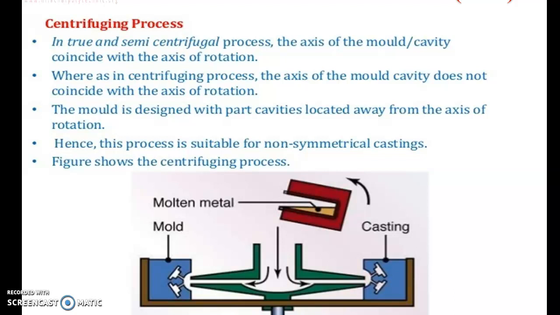After the mold has been filled, we immediately supply water on the outer surface, or sprinkle water on the outer surface. Cooling takes place immediately, and due to that cooling we get the casting out of the mold. So it is known as the centrifuging process.